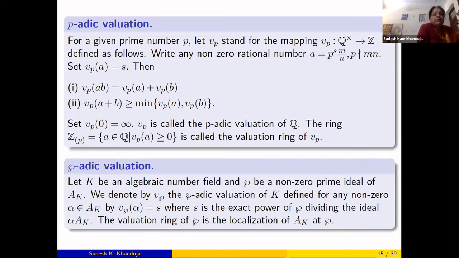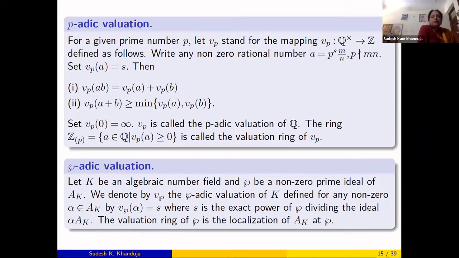So what is a p-adic valuation? That was first defined by Hensel in the beginning of the 20th century. For a given fixed prime number p, let Vp stand for the mapping from the set of non-zero rationals to integers defined as follows.